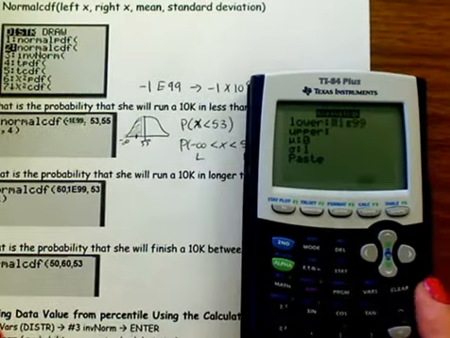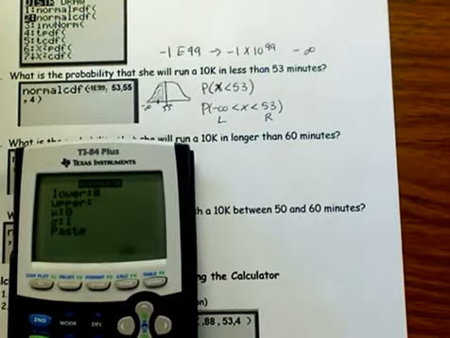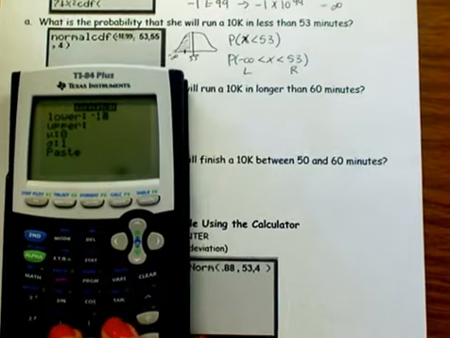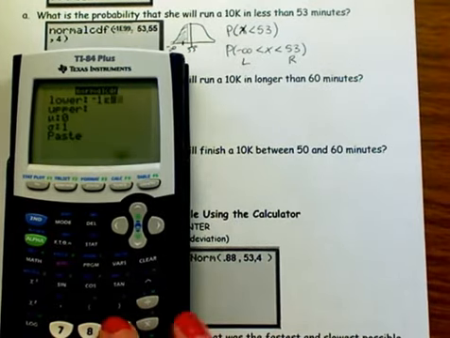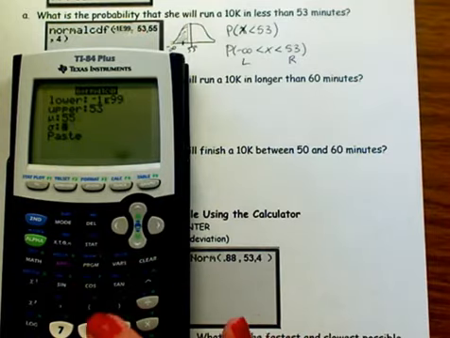I'm going to go ahead and clear mine so you can see where these buttons are. Okay, -1. E is right here above your comma. Second, comma, 99. Upper, 53. Mean, standard deviation.